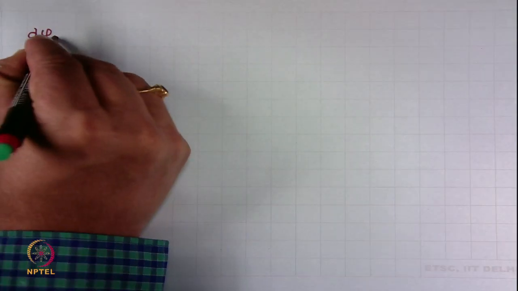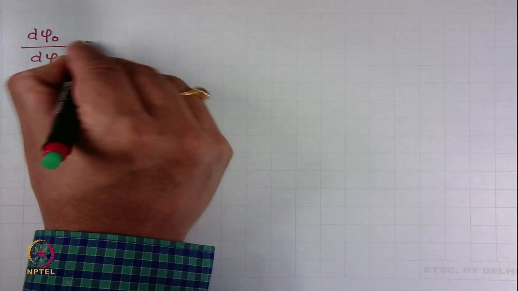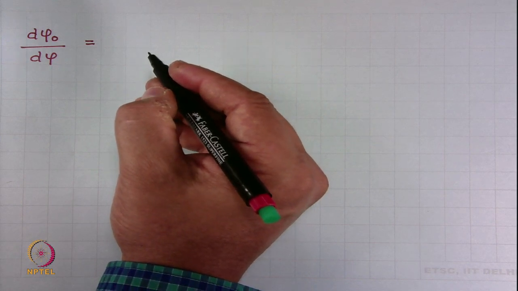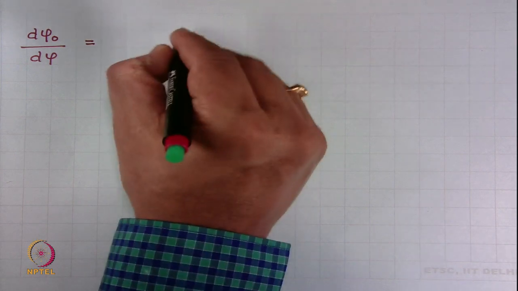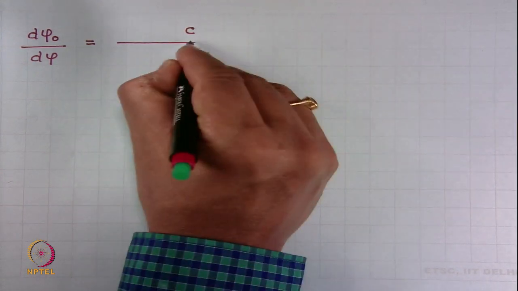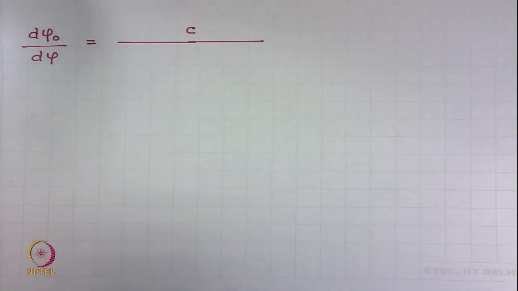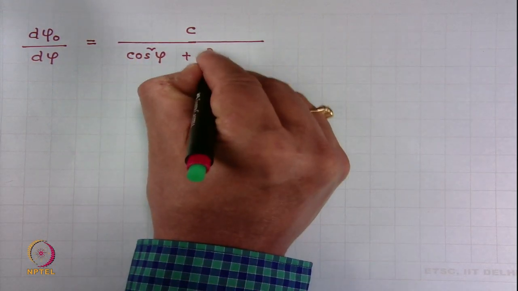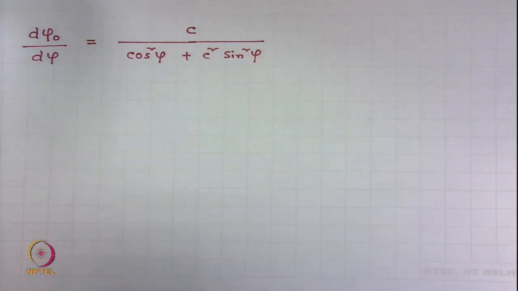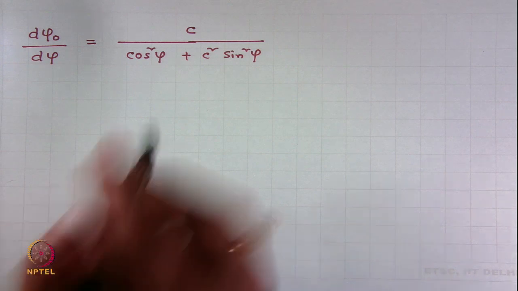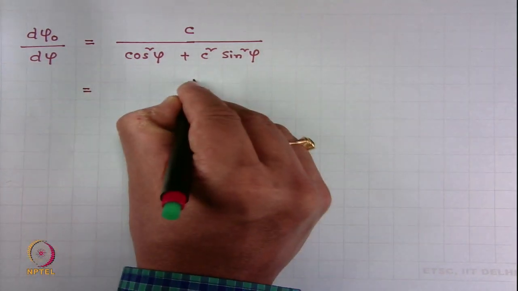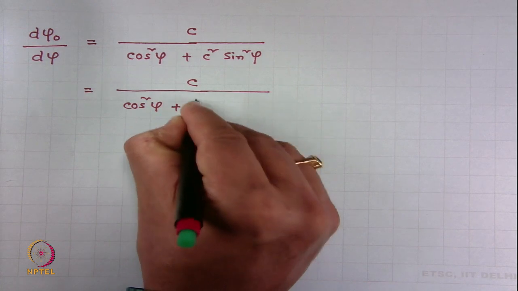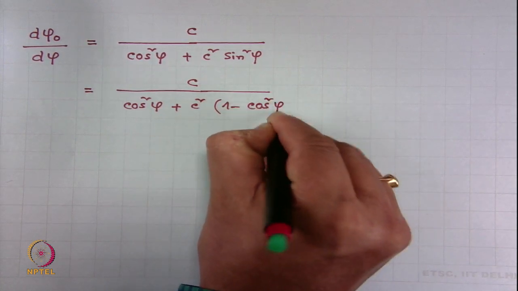d psi naught by d psi is equal to C by cos square psi plus C square sin square psi, which is equal to C by cos square psi plus C square into 1 minus cos square psi.